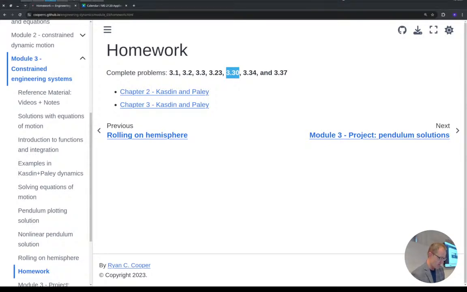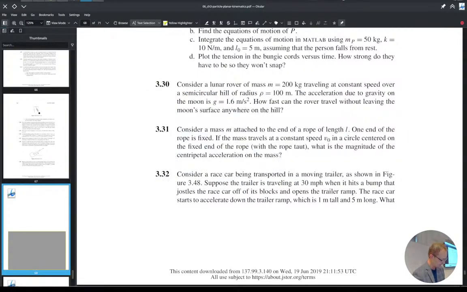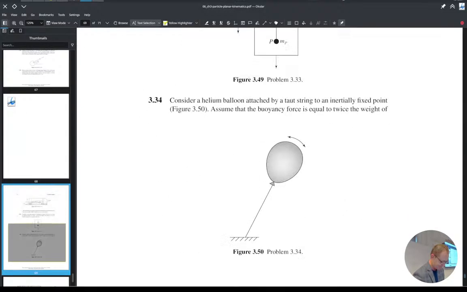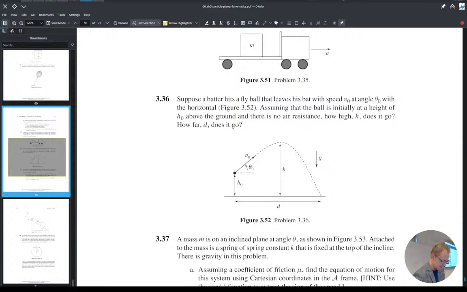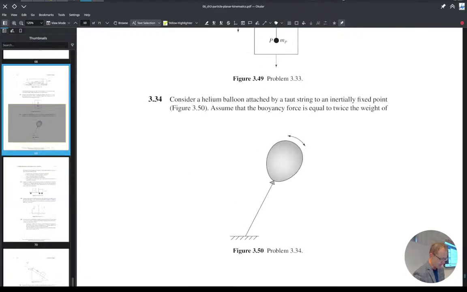Through 34, 37. That's a lot to do in like 5 minutes. 34, 37. Yeah, we're not going to get there.